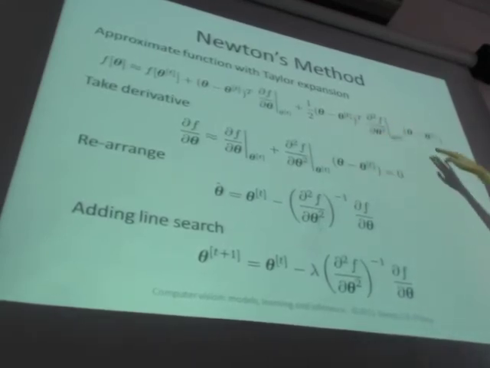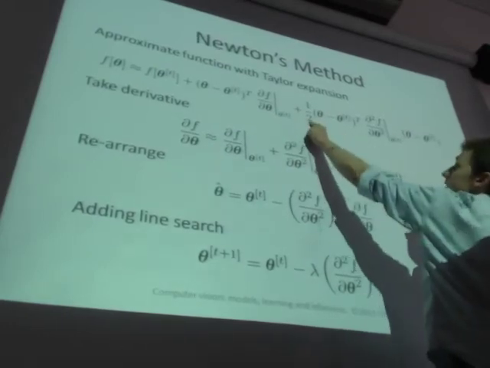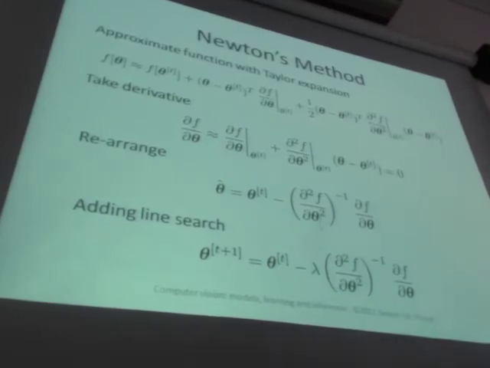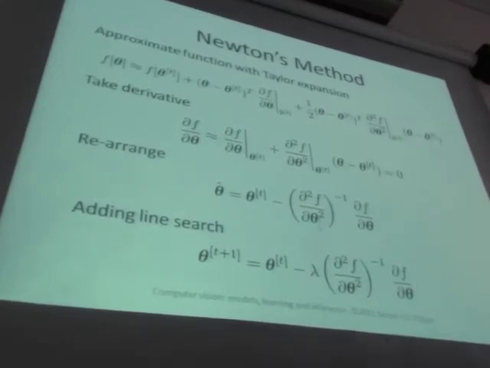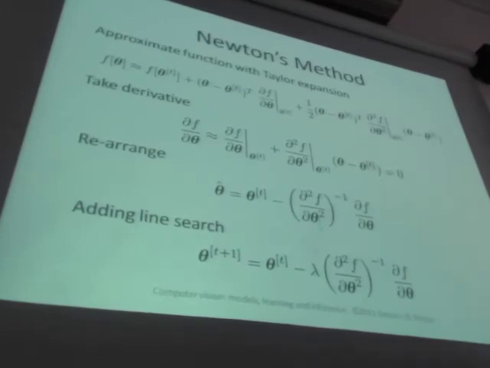And if you did the Taylor series expansion all the way out, right, you would see these coefficients are getting smaller, right? And these derivatives are getting higher and higher order, right? You're saying, oh, I'm going to look at the curve, the rate of change of the rate of change of the rate of change of the energy function and so on. But for our purposes, Newton's method just truncates it at the second derivative and says, okay, we don't care about those other parameters that we would have out here.